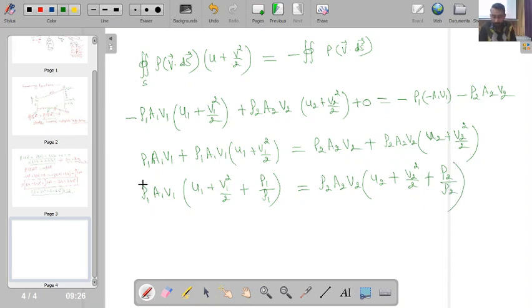Okay, so from the continuity equation, rho 1 A1 V1 is equal to rho 2 A2 V2. So these two will be cancelling out. Just a moment, there is some issue.